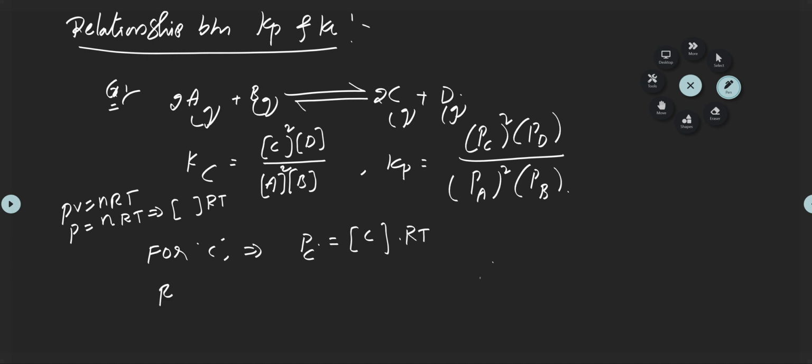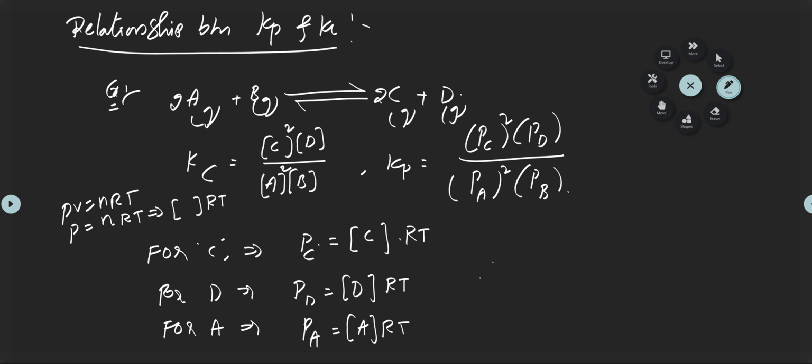For D, partial pressure of D is equal to concentration of D into RT. Now for A, partial pressure of A is equal to concentration of A into RT. Now for B, partial pressure of B is equal to concentration of B into RT.